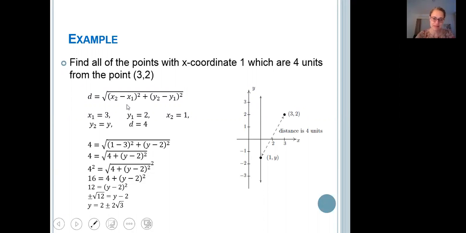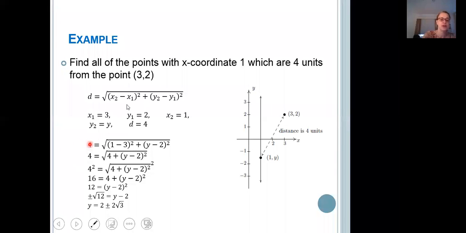So in this case, we know my x1 and x2. x1 is 3, x2 is 2. I know that the x coordinate on the points I care about is going to be 1. And I know my distance is 4. Don't know my y2. That's okay. We're going to leave it as a variable.